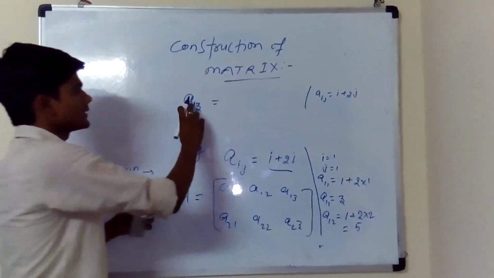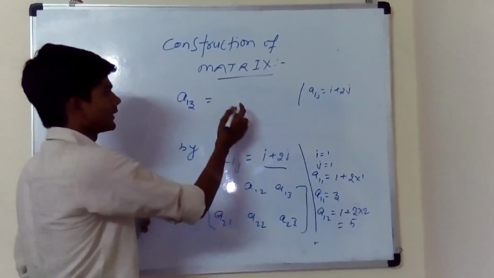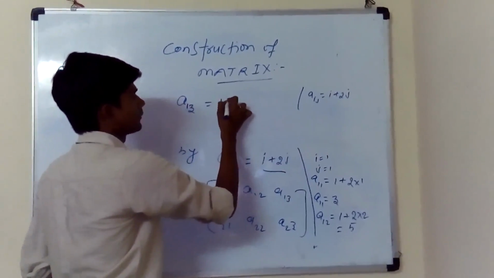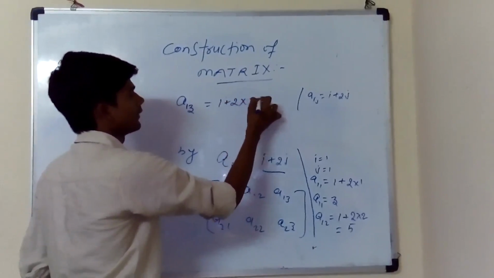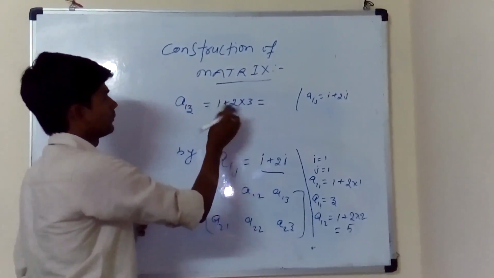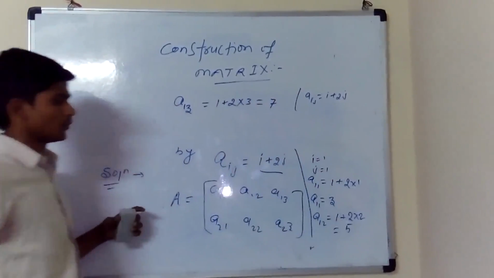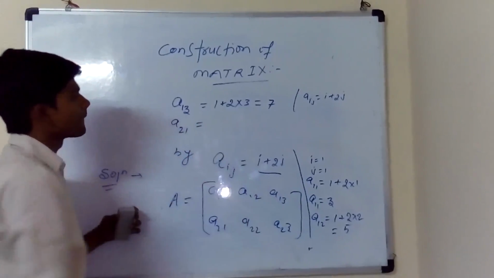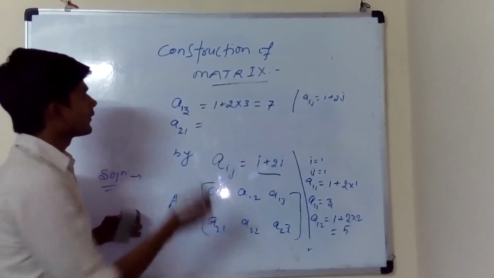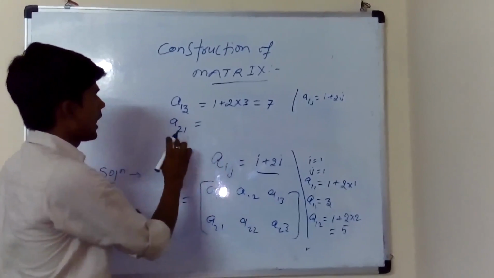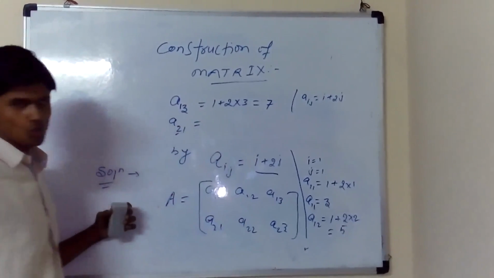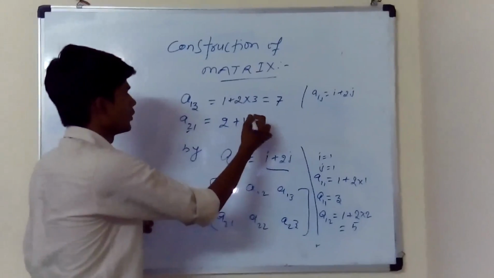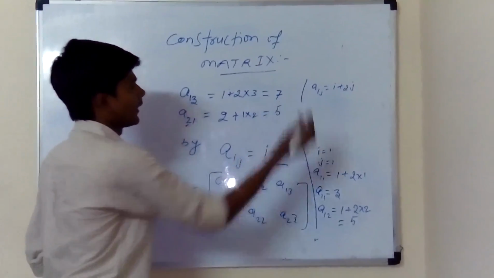Okay, so i is 1 and j is 3, so it will give 1 plus 2 into 3, that means 3 into 2 is 6, plus 1 is 7. Okay, now again A21. So i is 2 and the value of j is 1. So 2 plus 1 into 2, that means it will give 5.